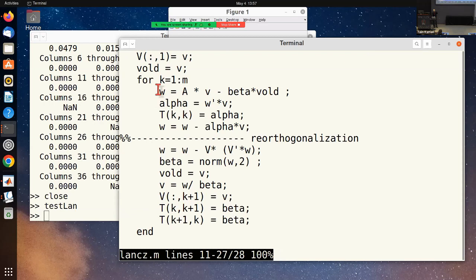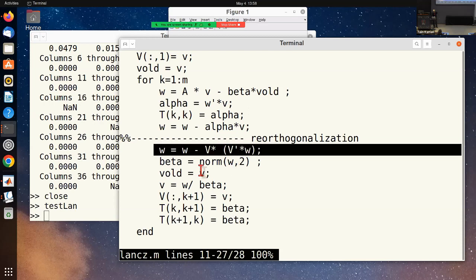So here is that first statement, A V minus beta times V old, and then you compute alpha, and then this is just to store this thing in a matrix. I'm storing it as a full matrix, and then you subtract alpha V, you reorthogonalize. You see, this is exactly reorthogonalization, and then you compute the norm and you scale and you store this in the matrix and you're done. This is the whole thing. It just takes a few lines.